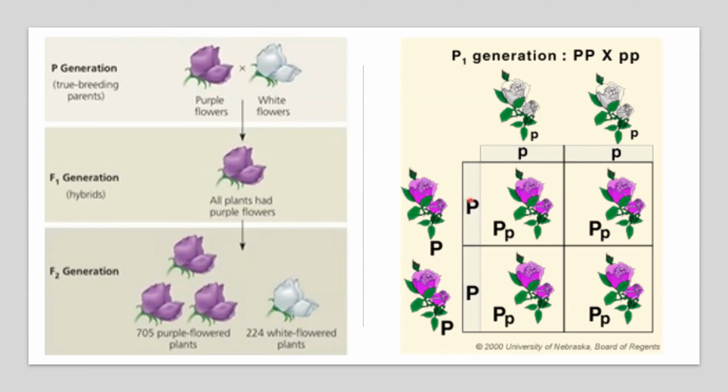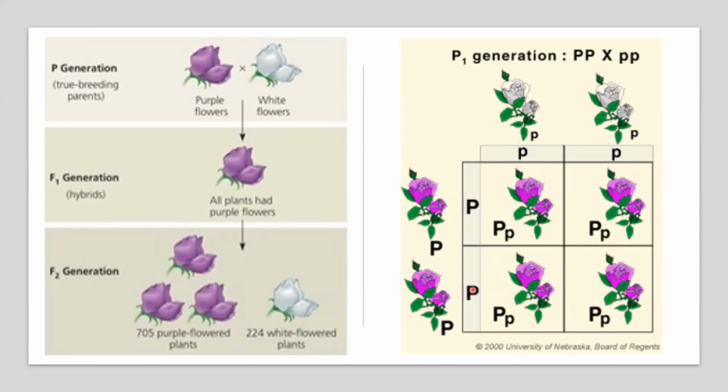So when you cross these, you get one uppercase P, one lowercase p, one uppercase P, one lowercase p, one uppercase P, one lowercase p, one uppercase P, and one lowercase p. And now the genotype for the F1 generation is going to be one uppercase P and one lowercase p for all of them.